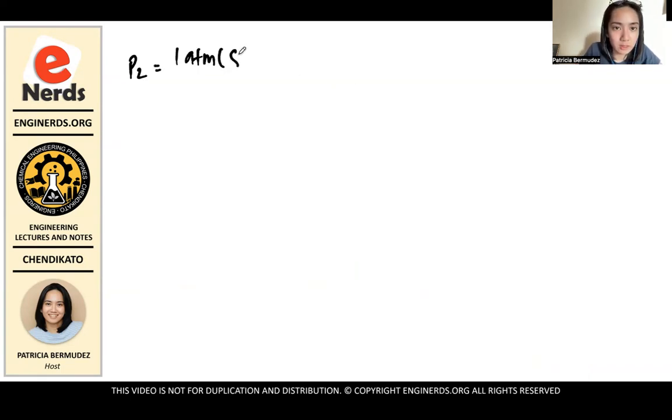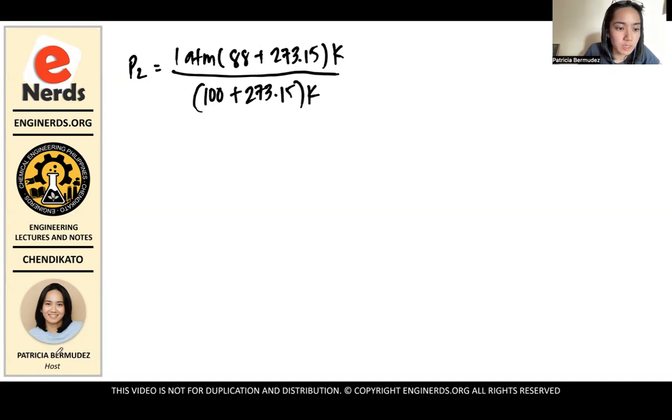So 88 plus 273.15. So we're converting it into Kelvin divided by the boiling point at sea level, which is 100 plus 273.15 Kelvin. You can see na makakancel yung Kelvin and titira yung pressure in atm.